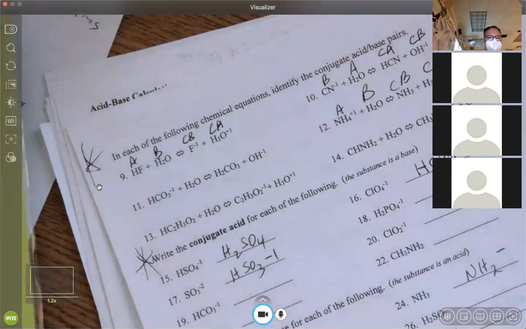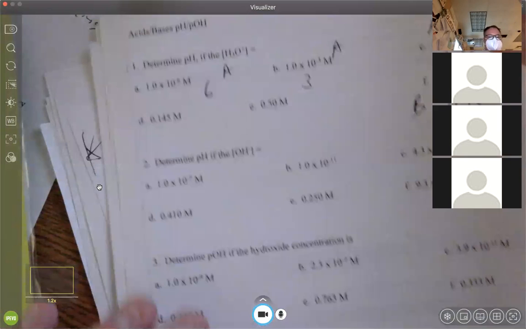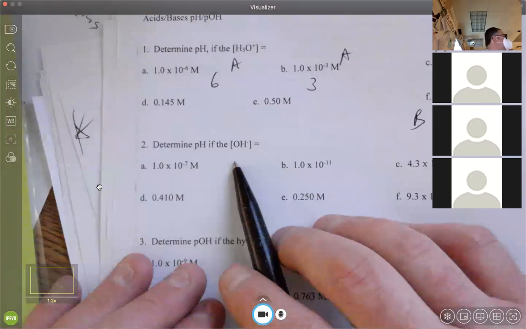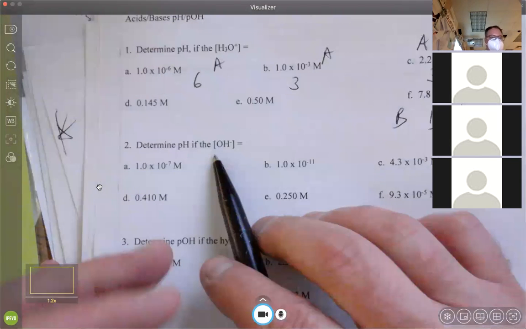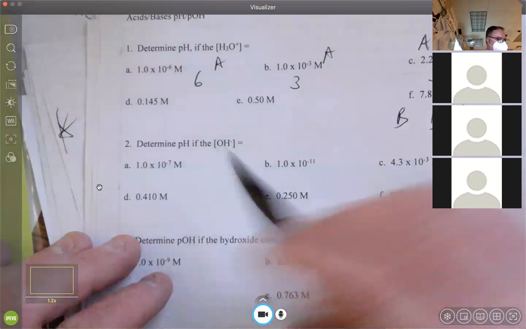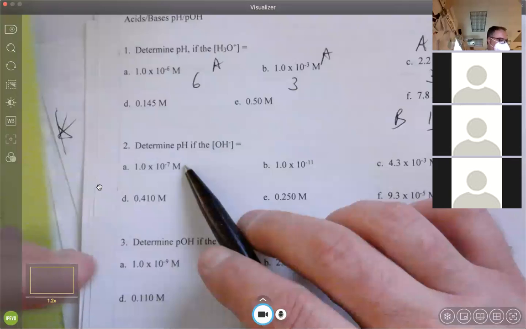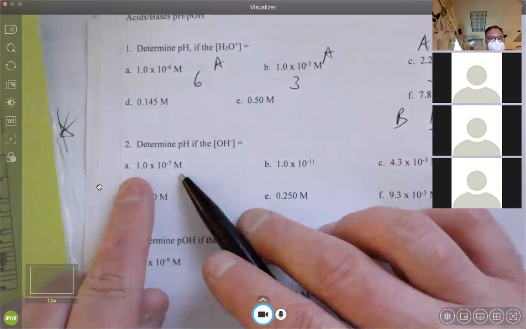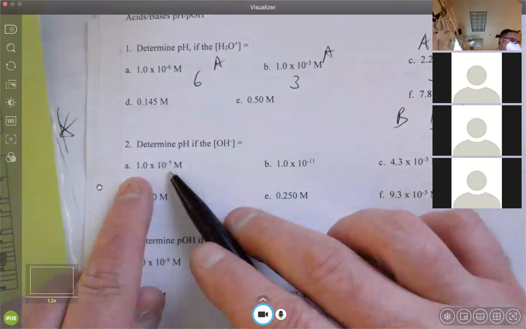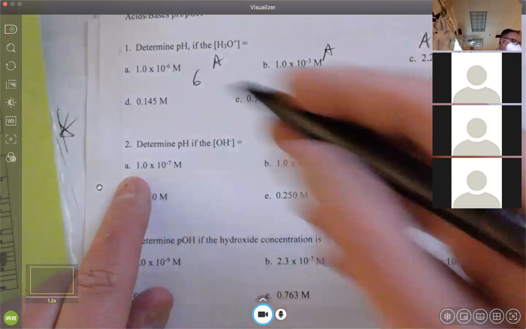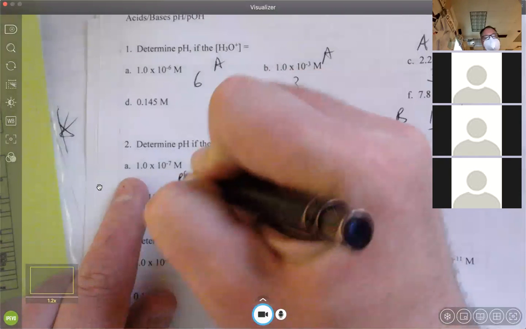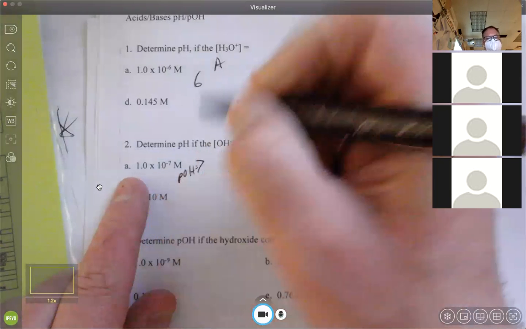So check this out. This is page 6. Determine pH if the OH is this. Well, if I take the negative log of this, what do I get? 7. So that is the pOH. So what is the pH then if the pOH is 7?